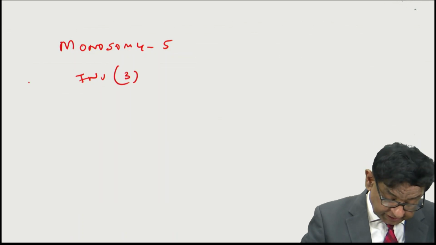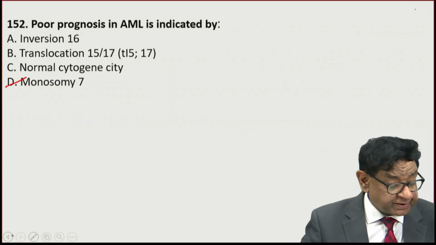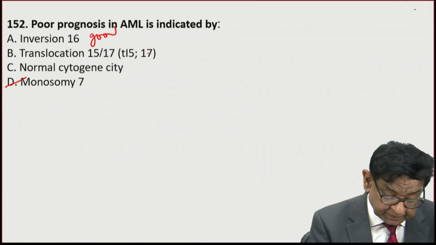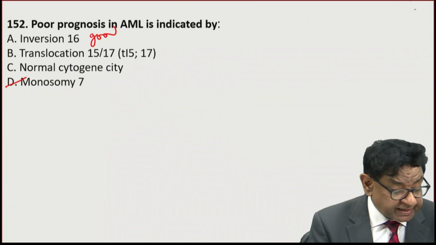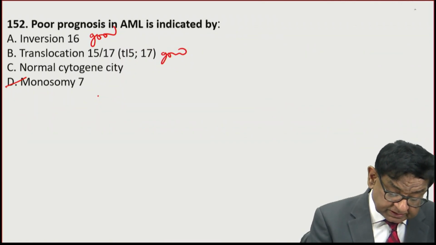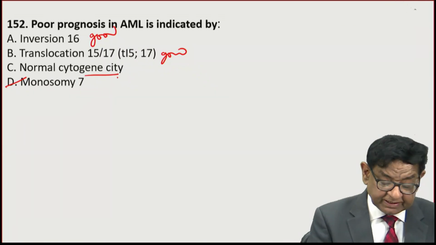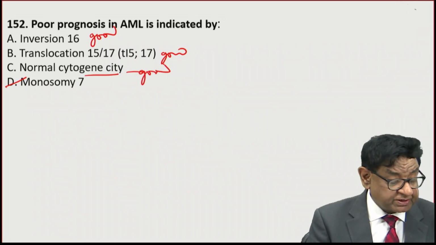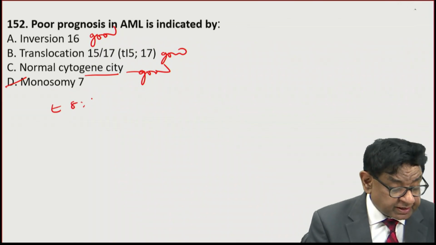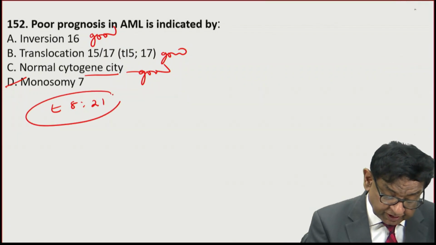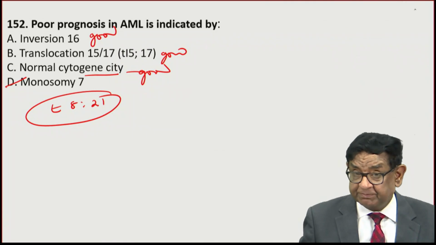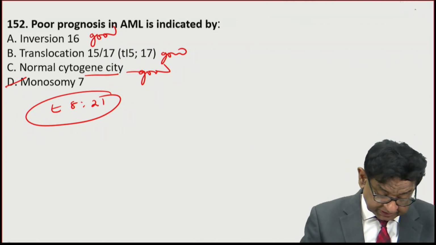Now, what are the good prognostic features? This is a good prognostic feature. Translocation 15;17 is again a good prognostic feature. A normal cytogenetics is again a good prognostic feature. Even translocation 8;21 is also a good prognostic feature. Okay, so in a case of acute myeloid leukemia, bad and good prognostic features are these.